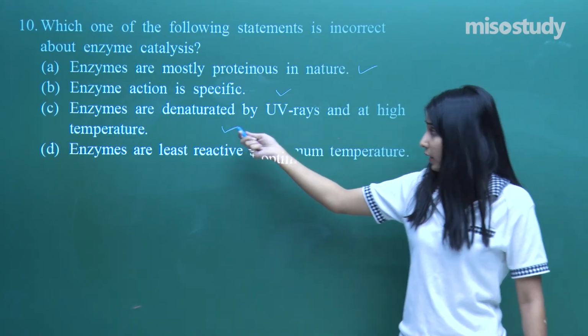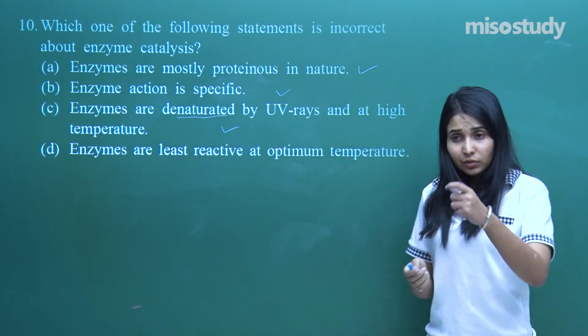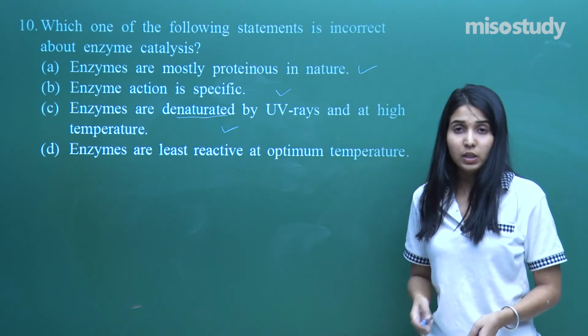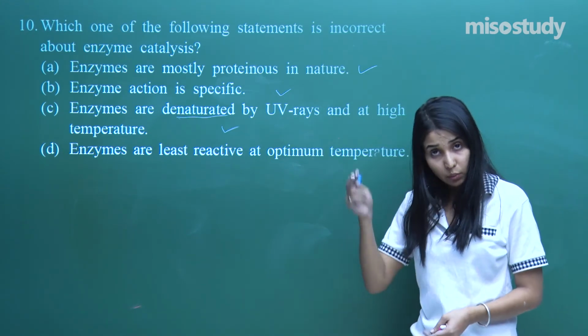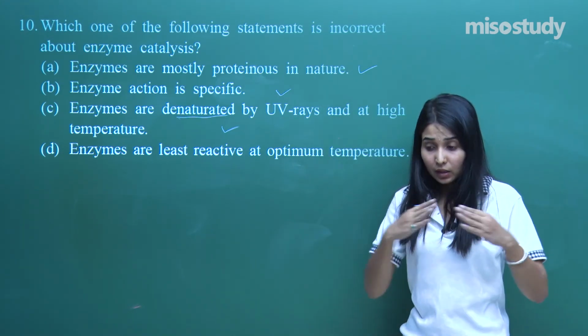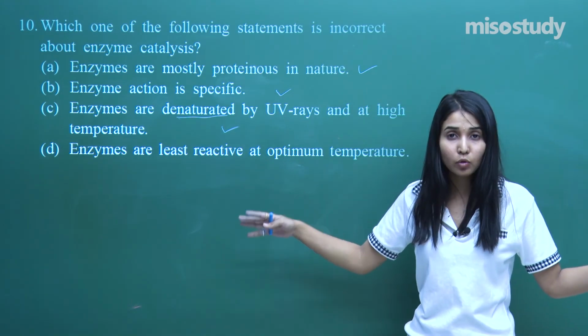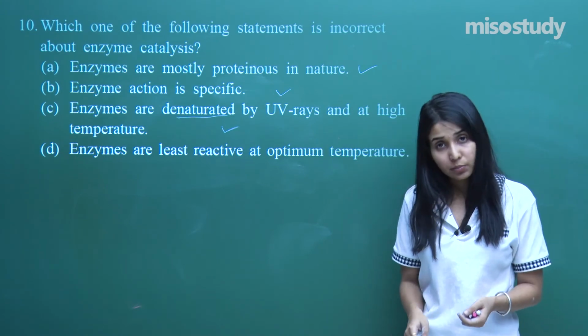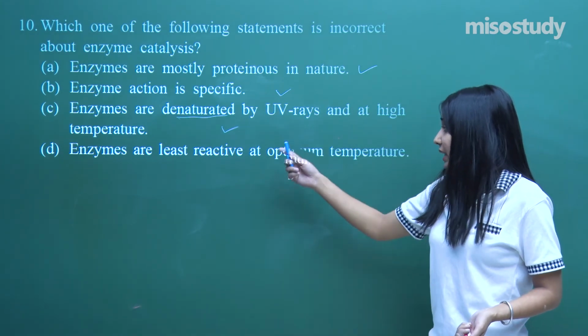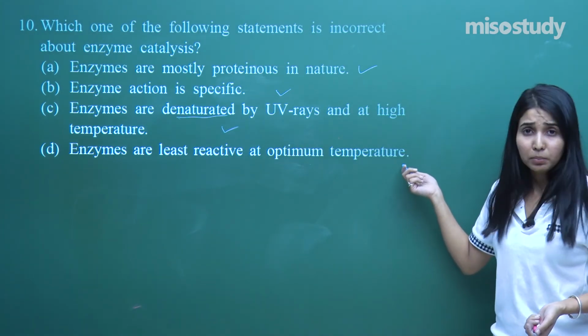Now the point is, you would have heard about denaturation. There is a secondary structure present, a coiled structure. When denaturation happens, that unwinds, the structure simply exists as a random coil and does not exist as a protein. And the last one, they are least reactive at optimum temperature.